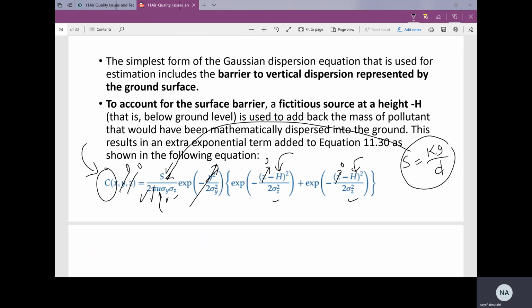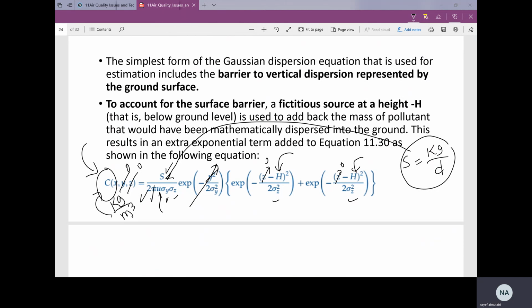Of course, now, if you plug in the numbers as usual, with wind speed in meter per second and S in kilogram per second, what will the concentration be? The concentration will be in kilogram per meter cube, if you plug in everything as is.